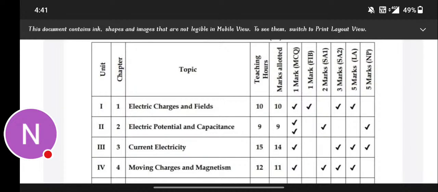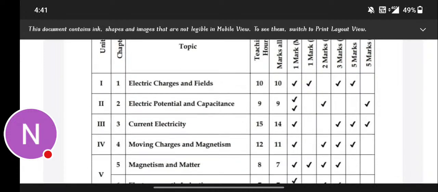If you study important questions and if you study this chapter very well, you will get 10 marks.